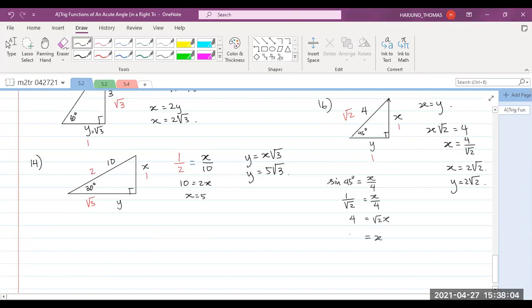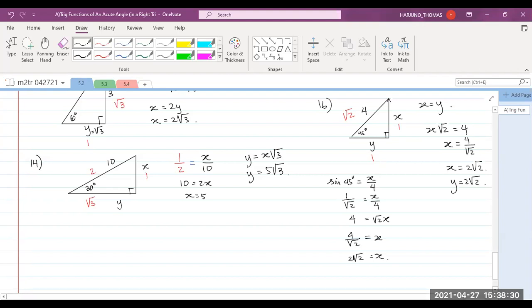So x is 4 over radical 2. This is 2 radical 2. Now, if you do it this way, you still get the same answer as me. X is 2 radical 2. But you have to relate that to sine, cosine, tangent of 45 degrees. And I believe this is the purpose of what our textbook wants you to do.